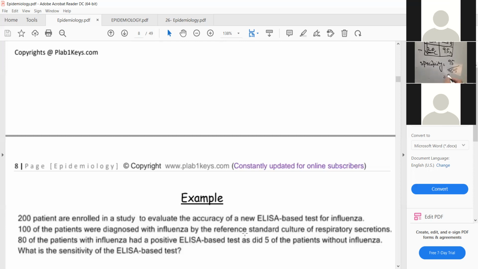So 95 over 100 is 95%. The specificity here is 95%. It means 95% of the time this ELISA-based test will detect the patients who are truly fit.